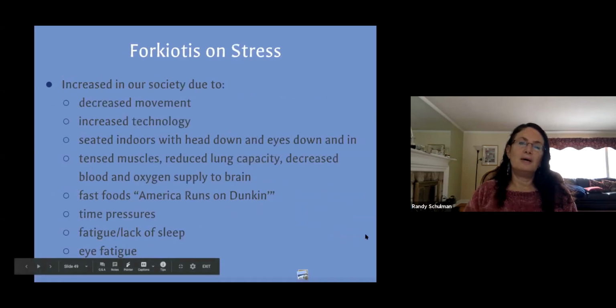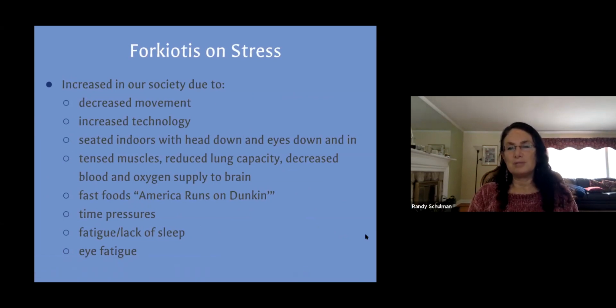He talked about all of the stressors in our environment and the decreased movement. He talked about the bucket babies, how babies are just put from the car seat into the house and then back into the car seat into the stroller, so they really weren't moving. He talked about the increases in technology, how we're all looking at screens with our eyes down, staying seated, not moving.